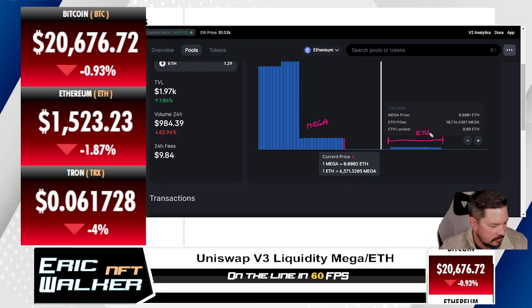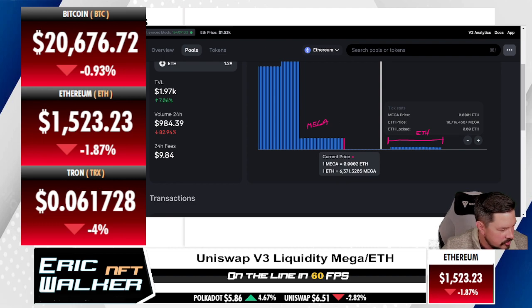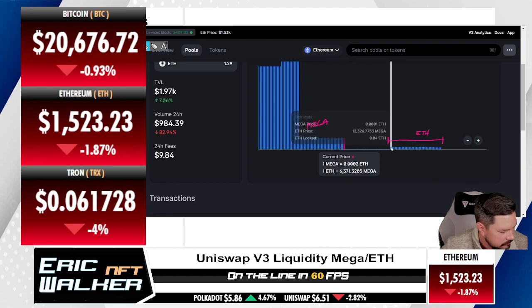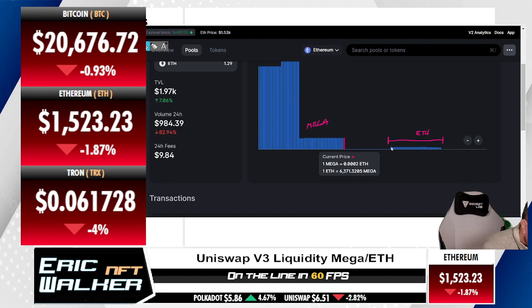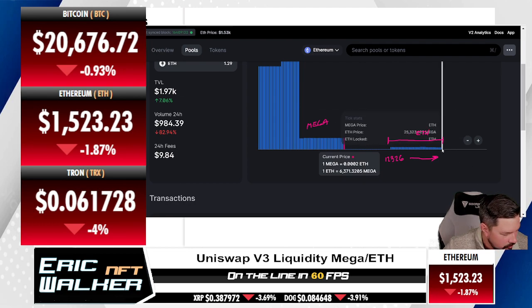And it looks like they've locked in a range. Let's look. They locked in a range of 12,326, and they locked it to 24,822.